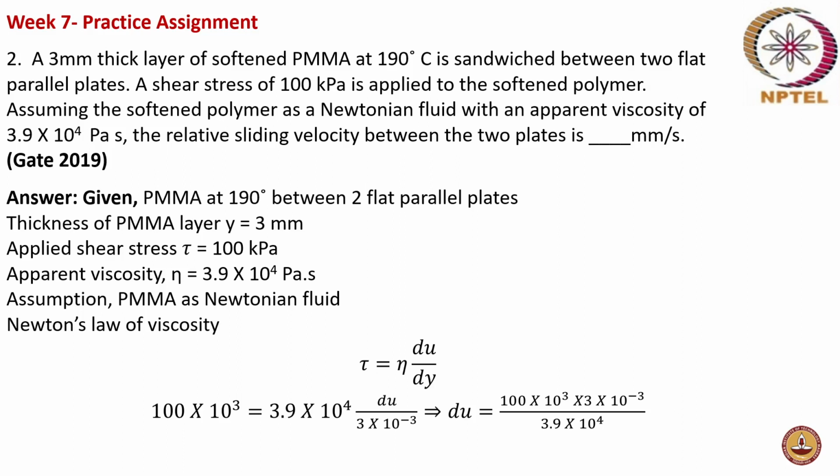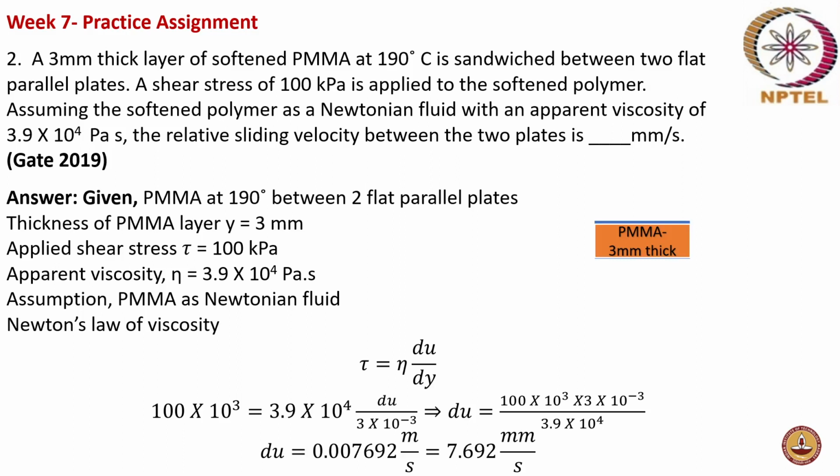The sliding velocity is equal to 100 into 10 power 3 into 3 into 10 power minus 3 divided by 3.9 into 10 power 4. So the sliding velocity between the plates is 7.692 millimeter per second.